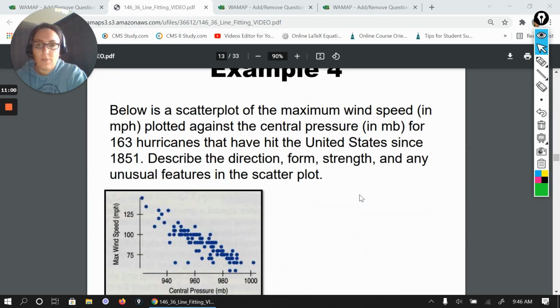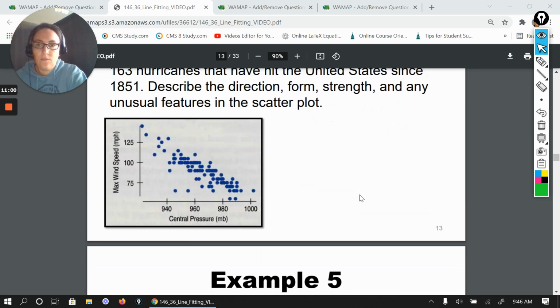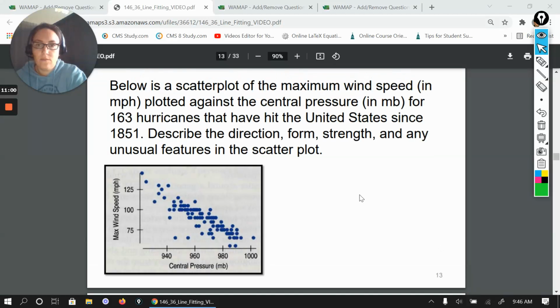Here's example 4. Below is a scatter plot of the maximum wind speed in miles per hour plotted against the central pressure in MB for 163 hurricanes that have hit the United States since 1851.